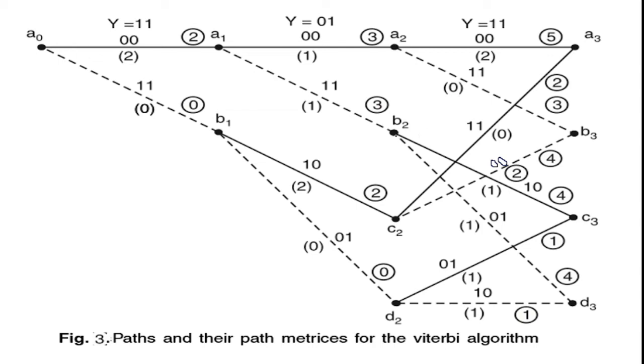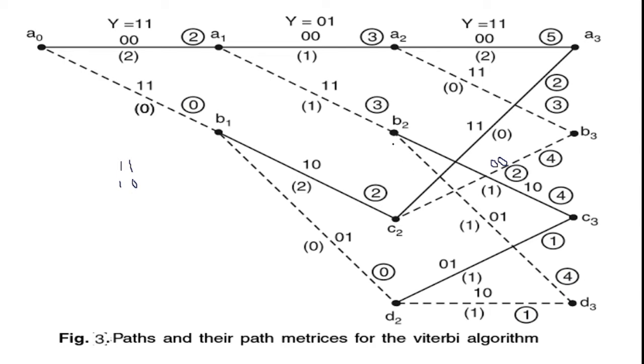Next B2 to C2, the encoded signal is 1 0. Comparing received signal 1 1 and encoded signal 1 0, only one element differs, so the branch metric is 1.